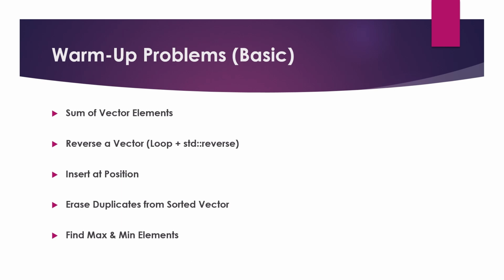Try inserting an element at a specific position. Remember that indexing matters. Implement duplicate removal in sorted vectors. Use STL tricks like unique combined with erase. And finally, find the max and min values in a vector, both manually and with STL functions. These tasks may be simple, but they are core building blocks for everything ahead.